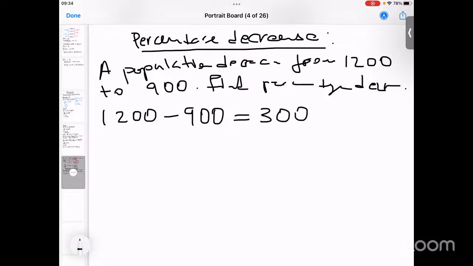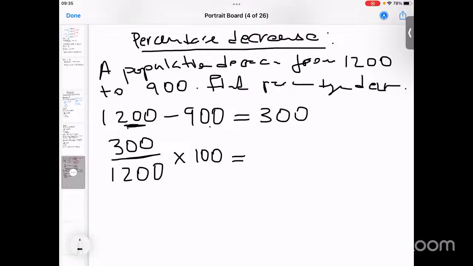So now that you have the difference between the original number and the new number, when you calculate the percentage decrease, you take that 300, this time around you divide it by the original or the initial, and then you multiply it by 100.